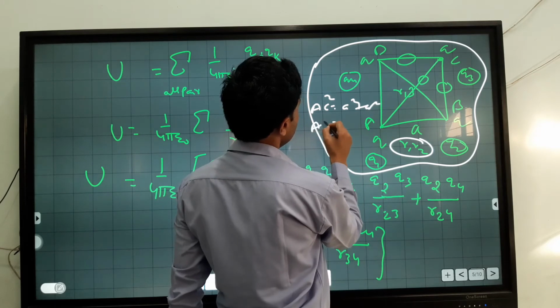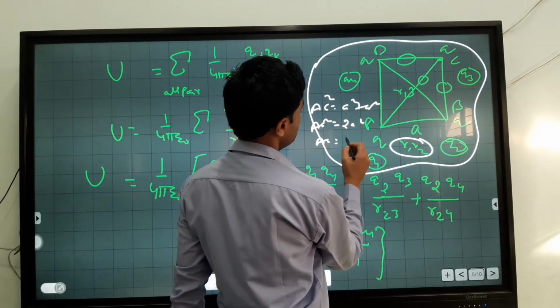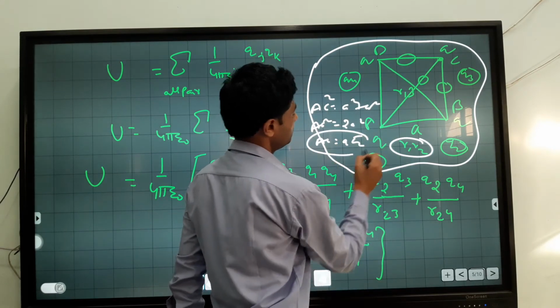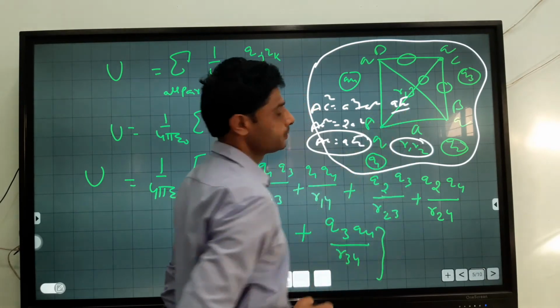It means AC square equals 2A square, so AC is equal to A root 2. The distance is A root 2.